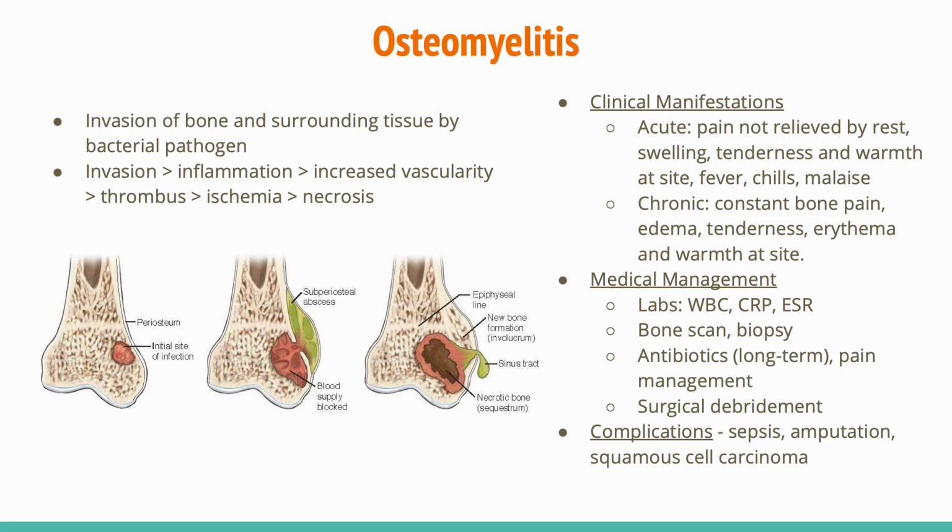Blood vessels become dilated and permeable, leading to edema and increased pressure inside that rigid bone. Now, unlike soft tissue, bone cannot easily expand. So as the pressure increases, blood vessels become compressed in the bone. This reduces blood flow. This creates ischemia, which eventually leads to bone necrosis. Necrotic bone has little blood supply, making it very difficult for immune cells and antibiotics to reach that area.